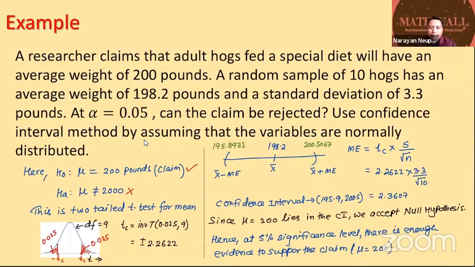That was the claim. So that's how we can perform the hypothesis testing using the confidence interval method.